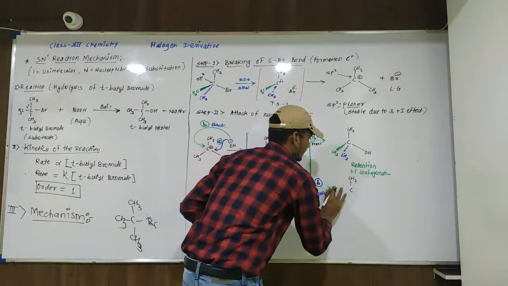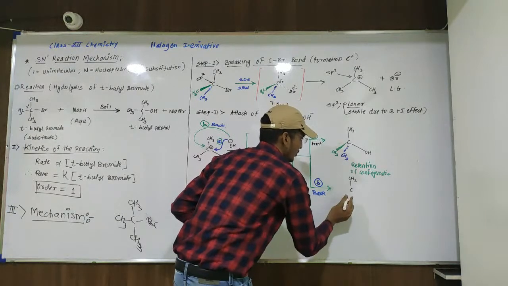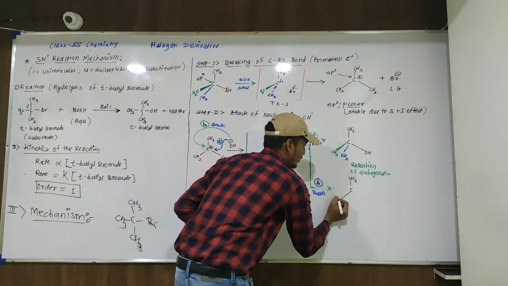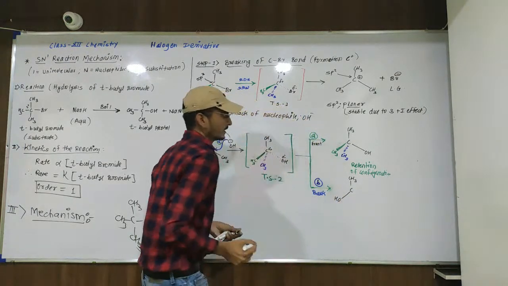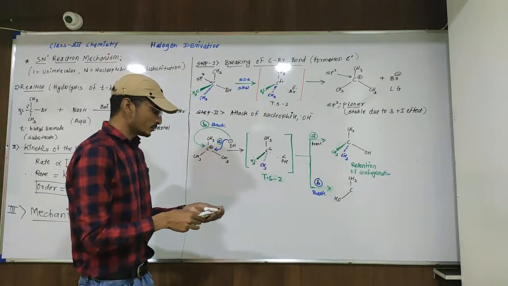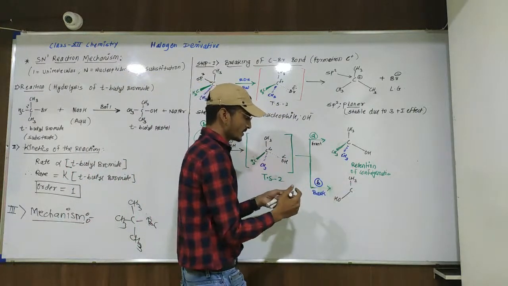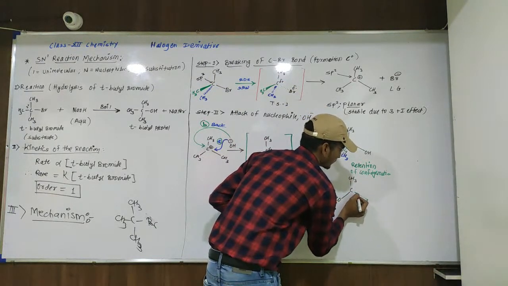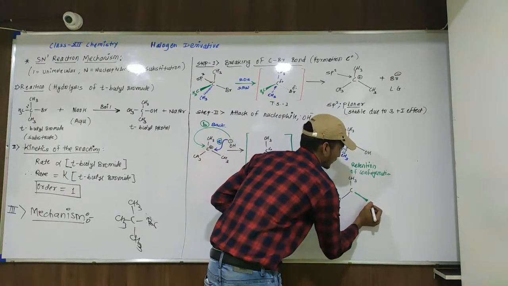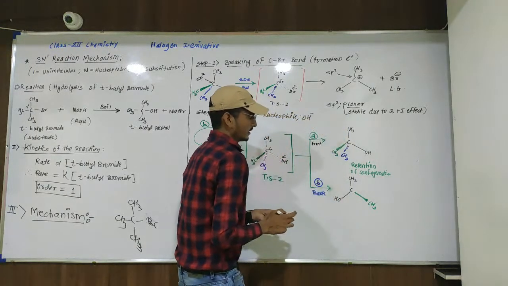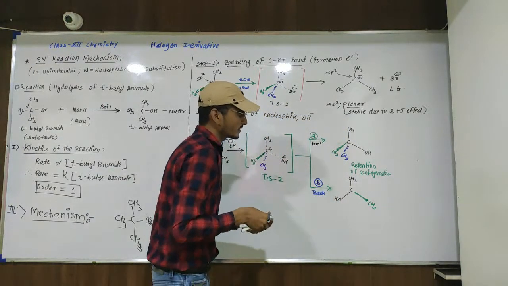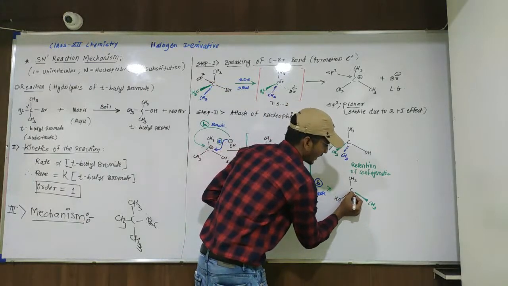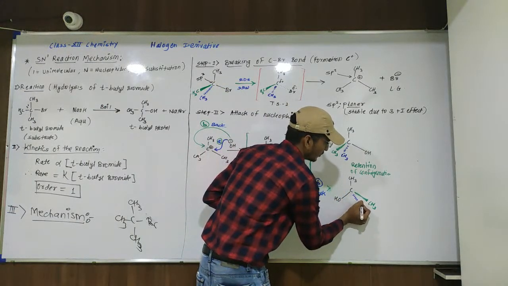Since it is a reflection, OH is on the opposite side, and the two CH3 groups are on the opposite side too. This CH3 is above the plane and this one is below the plane.